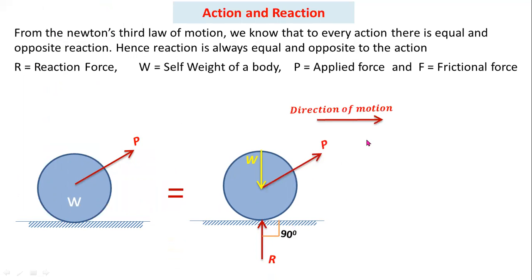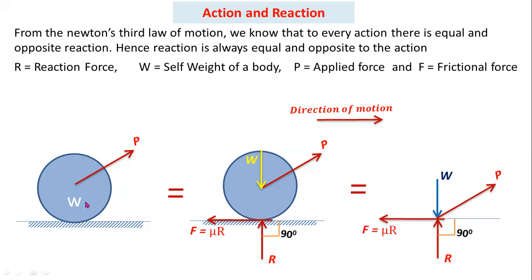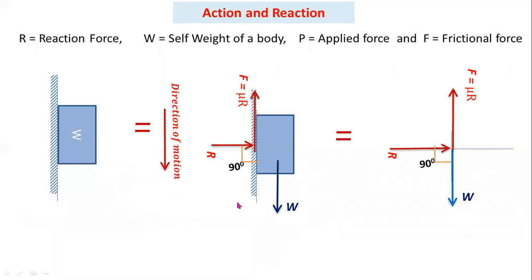This is the applied force. Here the direction of motion is to the right, so you have to consider the opposite direction for friction. This frictional force always acts parallel to the support. This is the free body diagram for this condition.